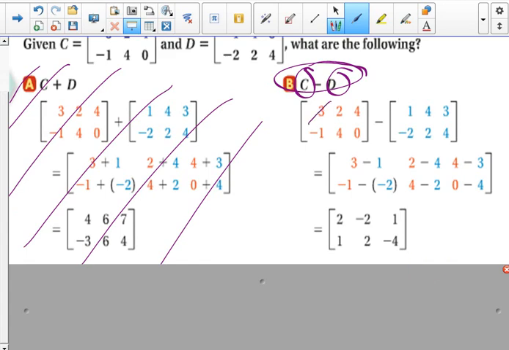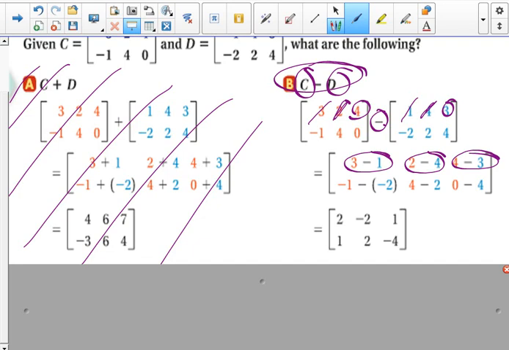So it's going to be 3 minus 1 in the first spot. Row 1, column 1. Row 1, column 2, you're going to go 2 minus 4. And that goes in the same corresponding spot. And then 4 minus 3 in row 1, column 3.